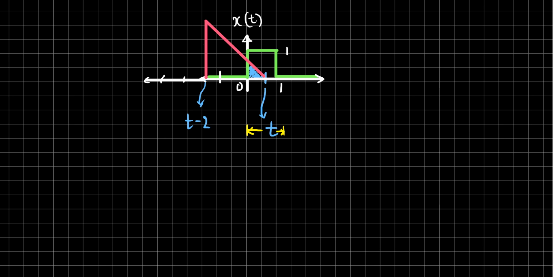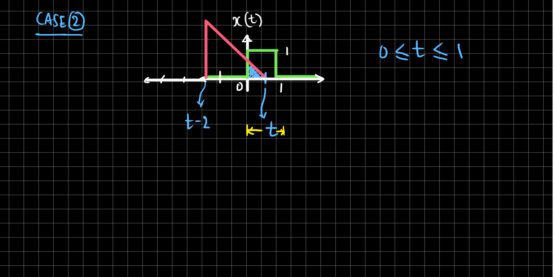So let's take this as case 2. This is the case where t is greater than or equal to 0, but less than or equal to 1. So we're considering that case where this point here, the shift point, is between 0 to 1. Now what would be the integration there?